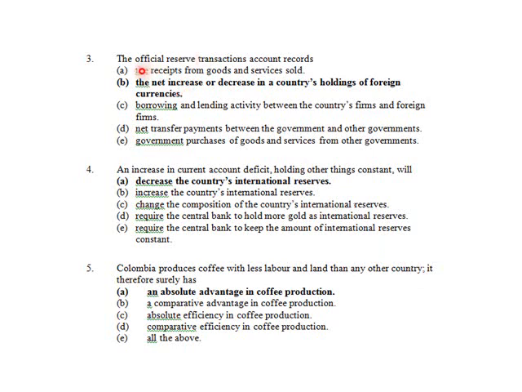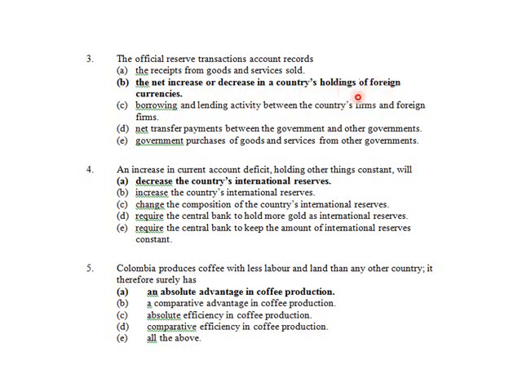Question 3. The official reserve transaction account records, B is the correct answer, the net increase or decrease in a country's holdings of foreign currencies. Now, what is this definition? A holding of foreign currency. This is actually the country's foreign reserves, the savings of a country.